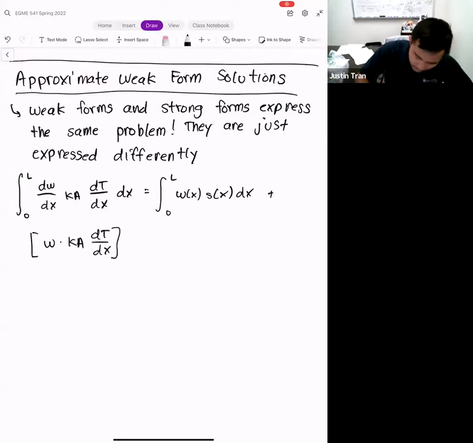Okay, and of course this is for heat conduction. All right, so that's our weak form.